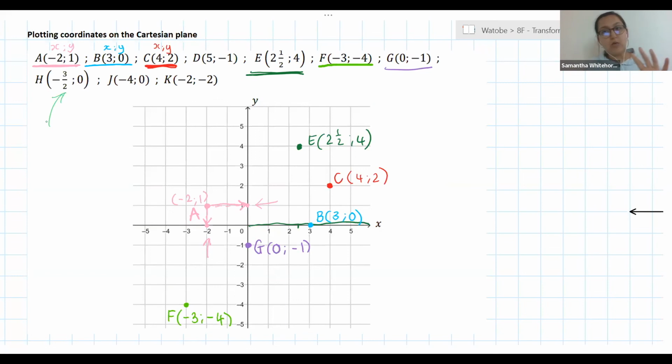So any way that you choose to do it, once you type it in, this is actually -1.5, 0. So for point H, we know that -1.5 is between -1 and -2, so about there. And because the y is 0, I haven't moved up or down. So this is point H at -1.5, 0.